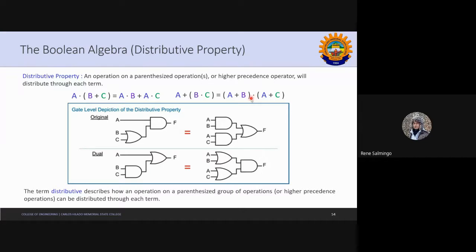Okay, any questions regarding the distributive property? When you see the parentheses, they will be the first to be used, and the operation outside would be the last.